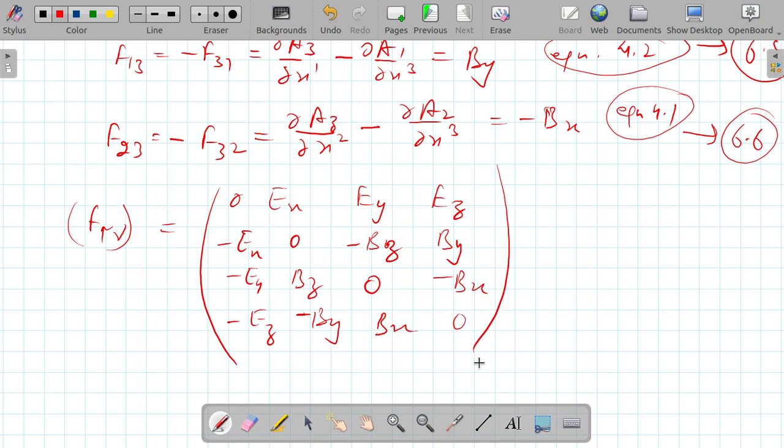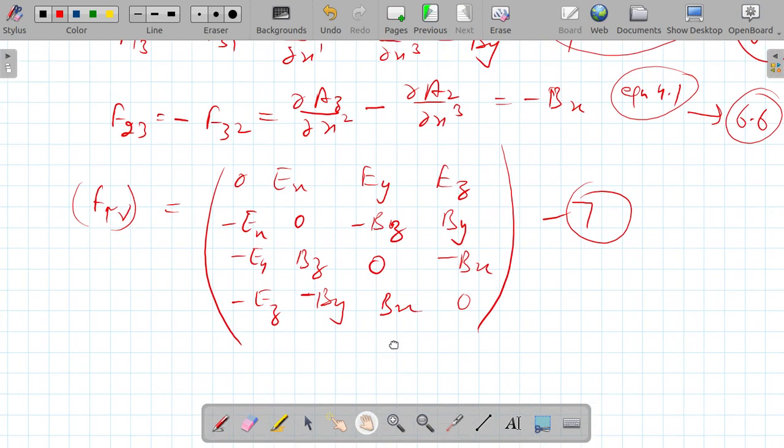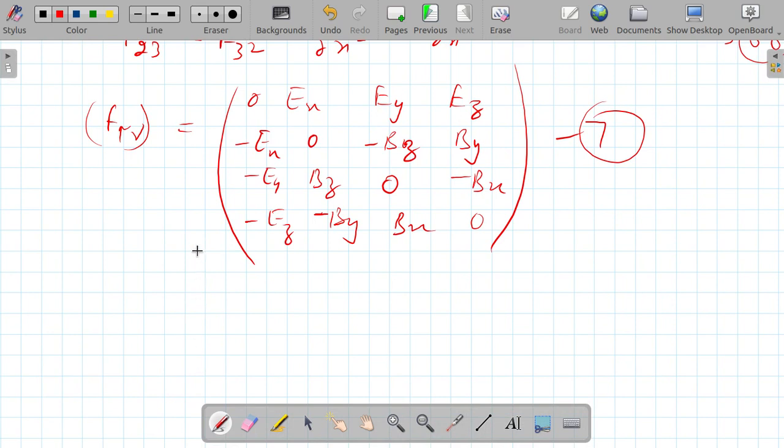So this is equation number 7, and this is the contravariant form of the electromagnetic tensor.